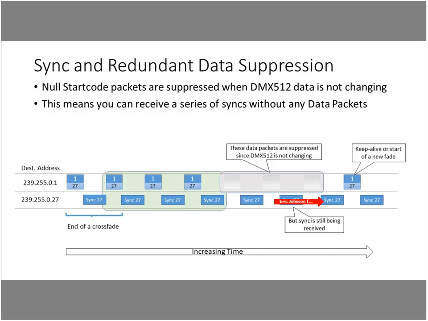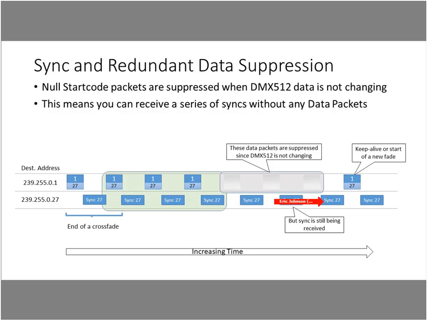If one native device is receiving universes 1 and 2, and another one is receiving 3 and 4, and 1 and 2 aren't changing, the node that's getting 1 and 2 is going to see no data packets. But 3 and 4 are changing, and the sync packets go to both nodes.